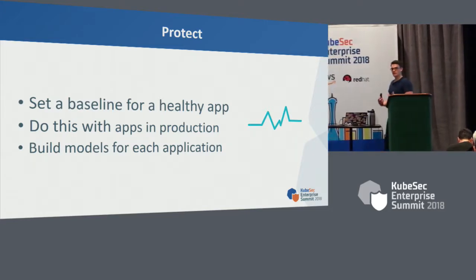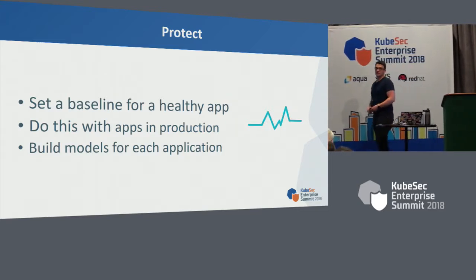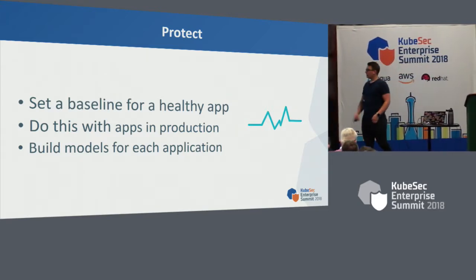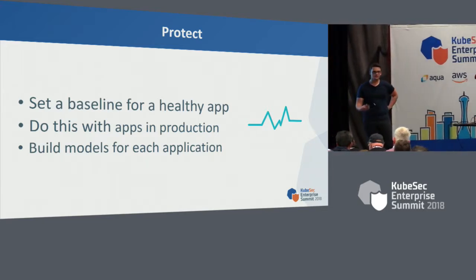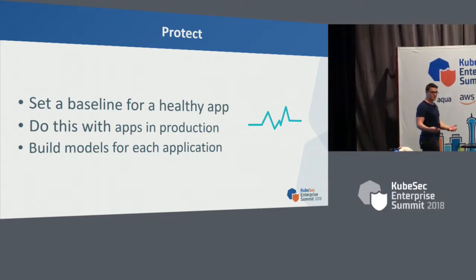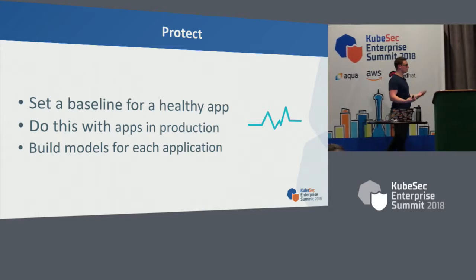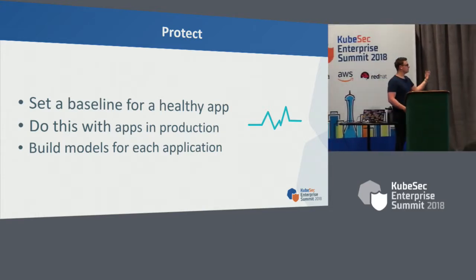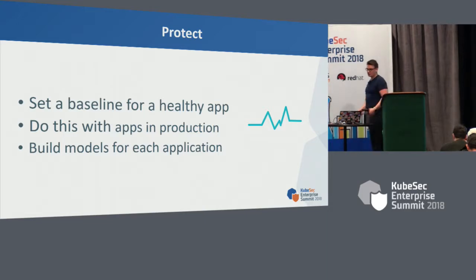Now you can basically be assured that if something goes out of those bounds, that anomaly, you're going to be able to catch it. And you should be doing this with all of your apps in production. Don't just do this on a staging server, because it's not getting real traffic. Unless you are implementing something that replays that, then that could work. But if you're not, because a lot of companies that I've worked with aren't, do this in your apps in production. And build those models and get them into a place where you feel comfortable.